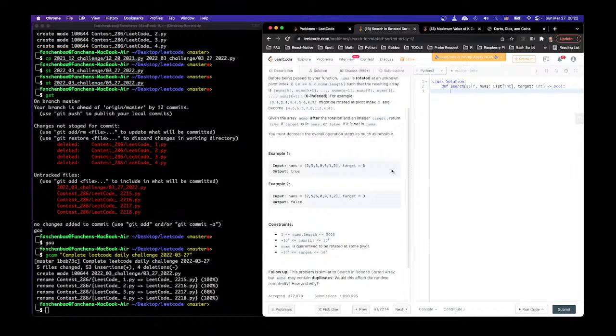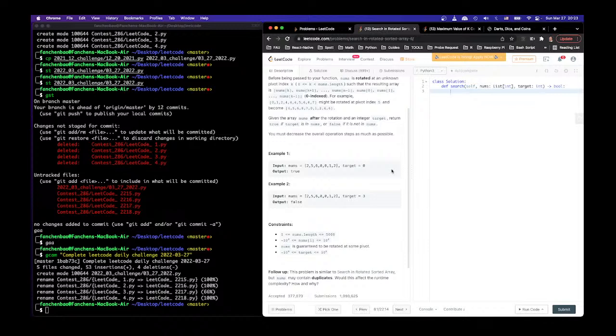So if the middle value is larger than the left value, then it belongs to the left half. If it's smaller than the right value, then it must be on the right side, right? So by doing that, we know which side it is on. And then we have the target coming in, and then we do the comparison, right?